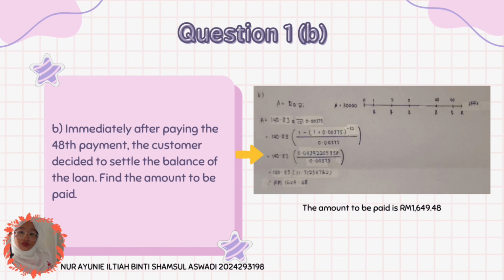Then we will get 140 ringgit 83 cent open bracket 11.71254762 close bracket. From there, we will get RM1,649 ringgit 48 cent.